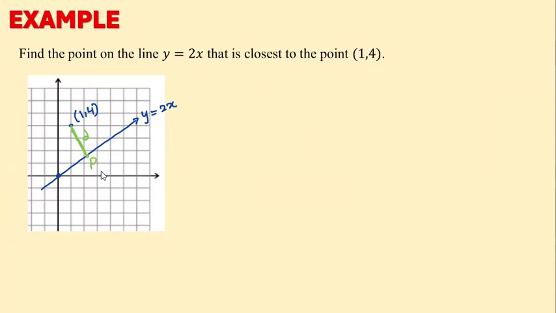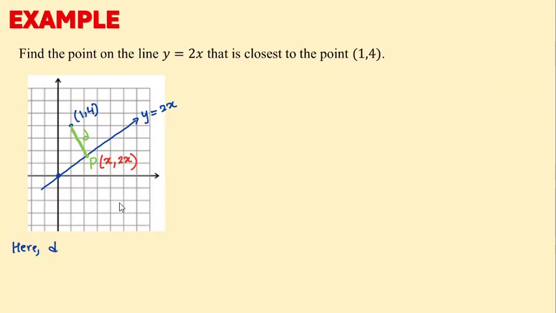If I want to represent this point, you know that if the x coordinate is x, the y coordinate on this line will be 2x. So the point is (x, 2x). We want to find this distance and minimize that. So let's first find the distance.